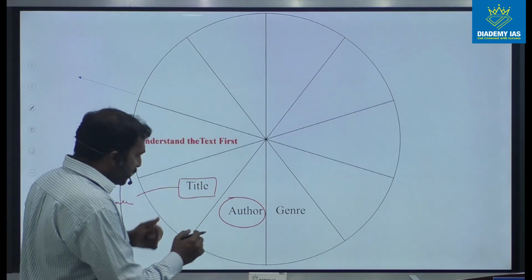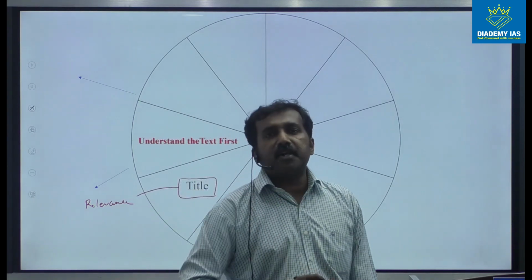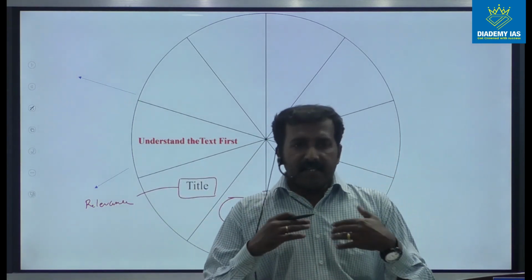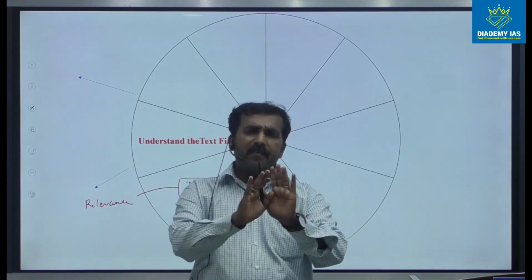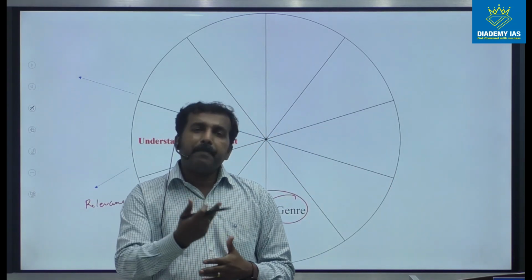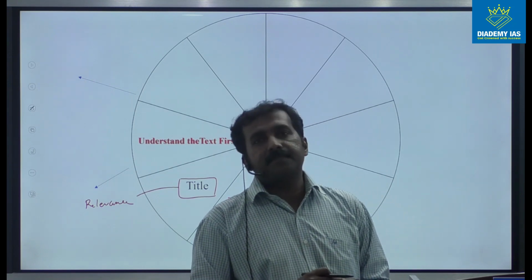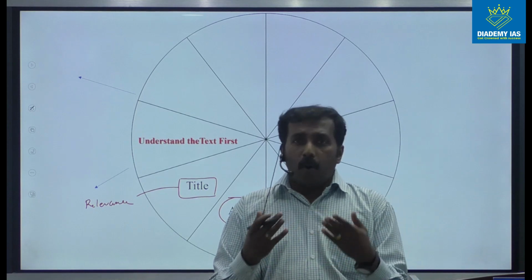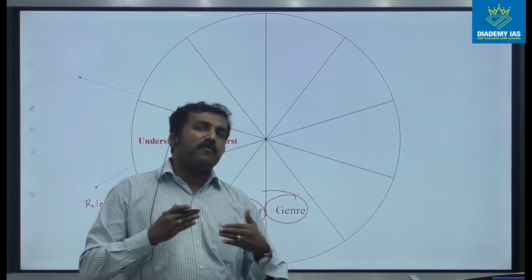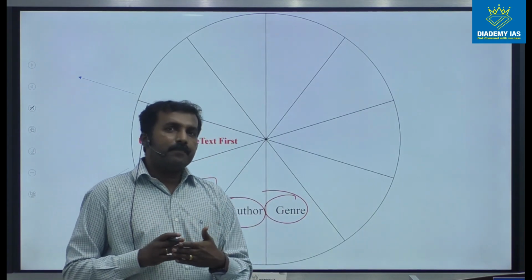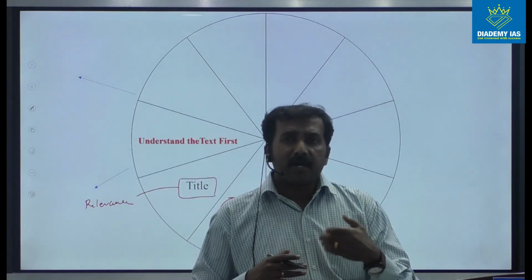Then genre. The next one is you have to analyze the genre of that particular work. What is genre? Under poetry we have different genres: epic, mock epic, ballad, elegy, ode, etc. In drama as well we have different genres: tragedy, comedy, history, tragic drama, then tragic comedy.